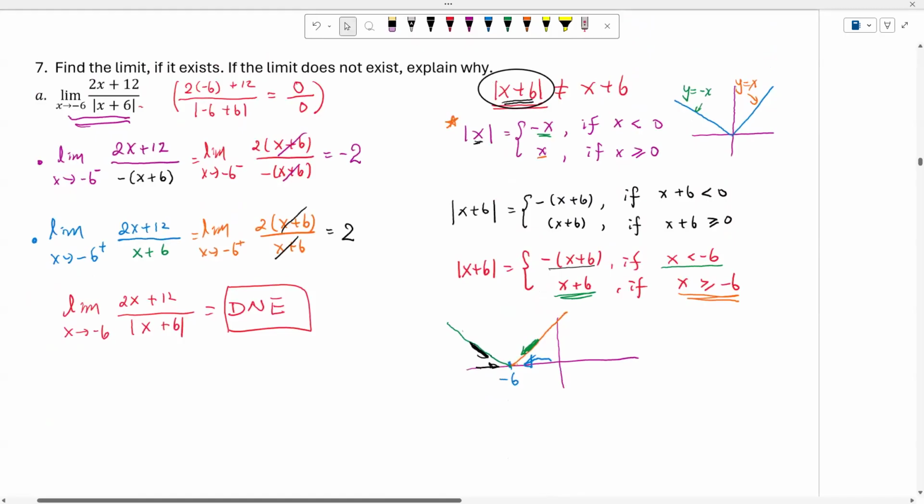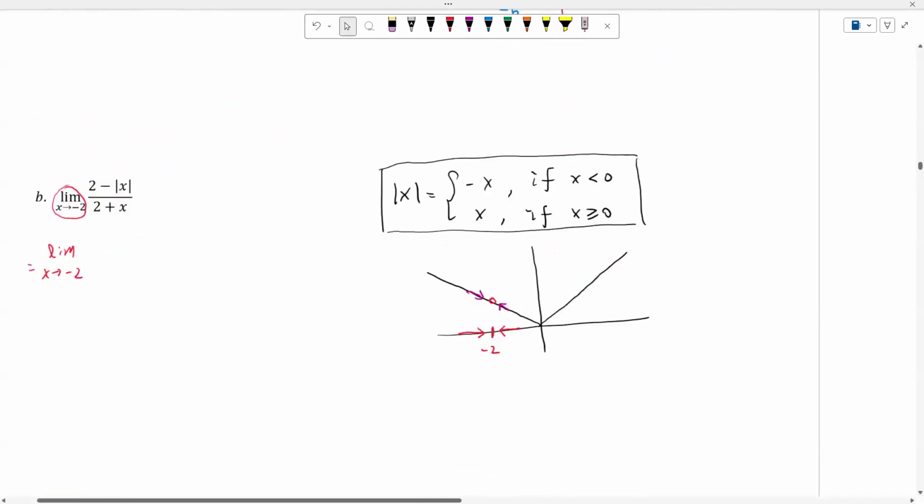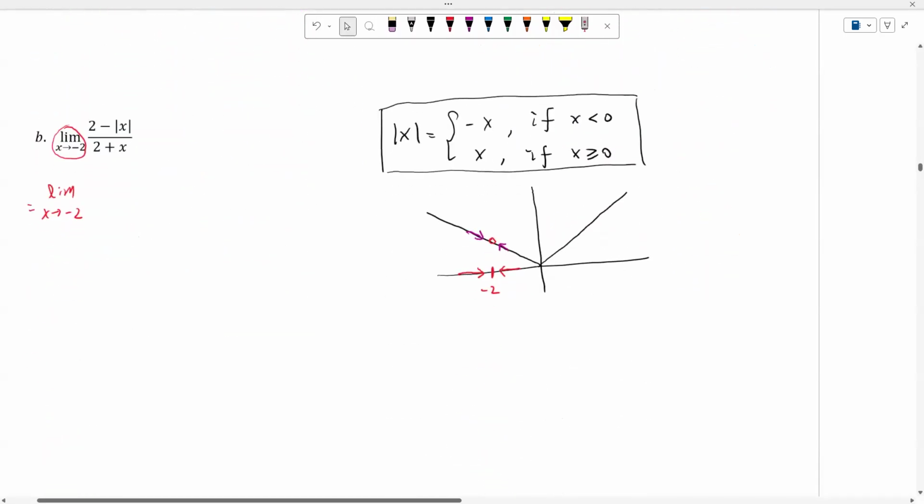The reason we separated from the left and from the right before is that they were different functions. However, for this problem, from the left and from the right, they are the same function.